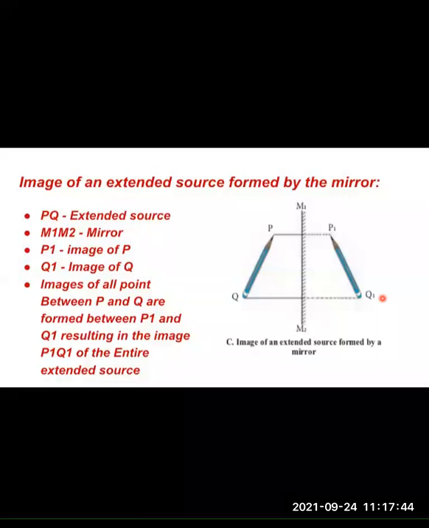Similarly, if you do the same thing with all the other points situated between point P and point Q, you are able to get the image at the back side of the mirror in the same manner as that of the object. Again, in this case also, look at the distance between the extended source and the mirror, and the distance between the image and the plane mirror. They are always going to be the same. Okay.